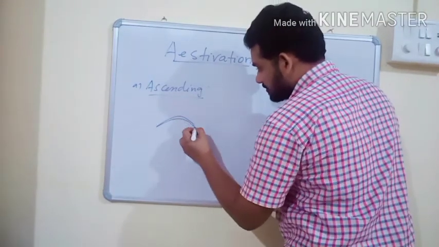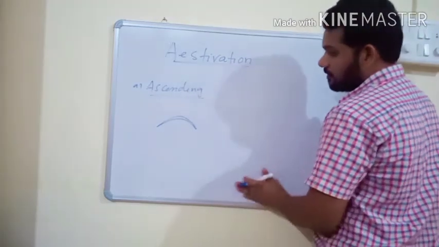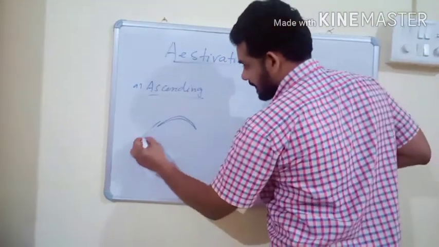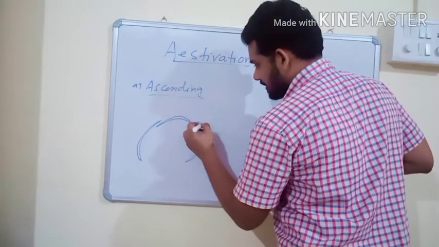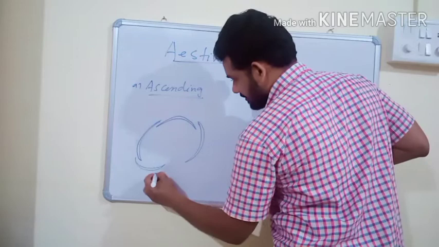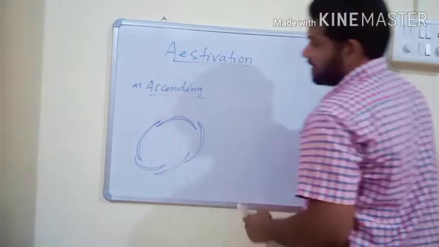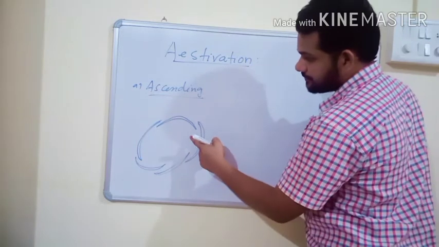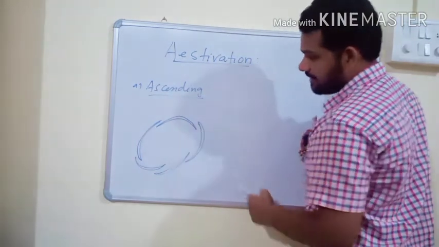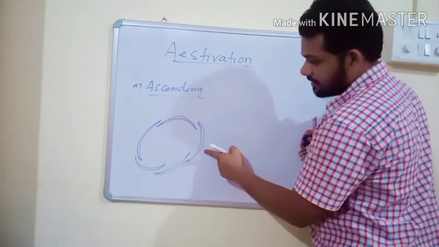irregularly overlap. So this is the main petal, and the arrangement is like that. In ascending imbricate, one petal is totally inside and one petal is totally outside.